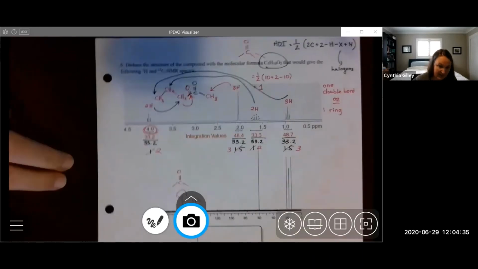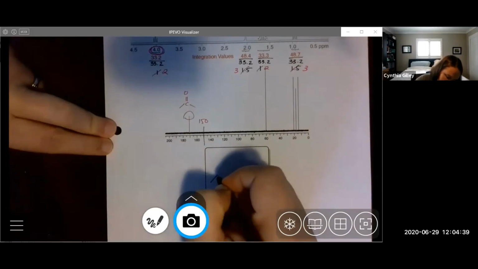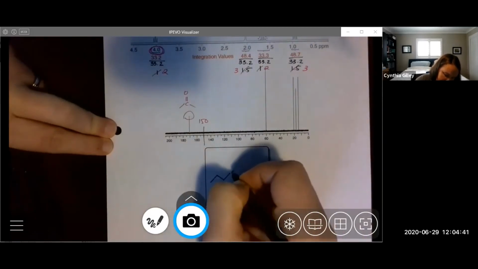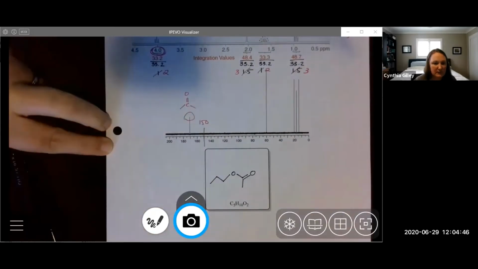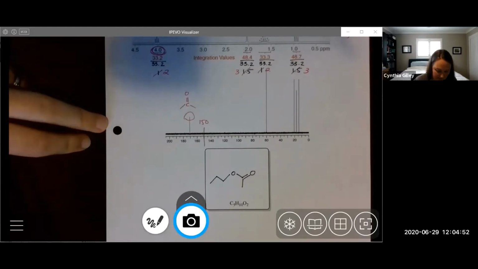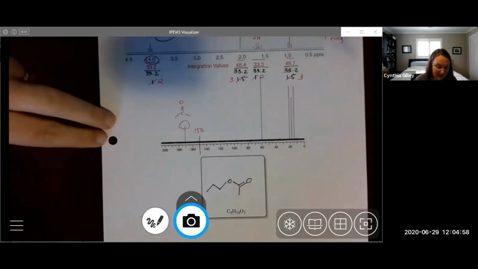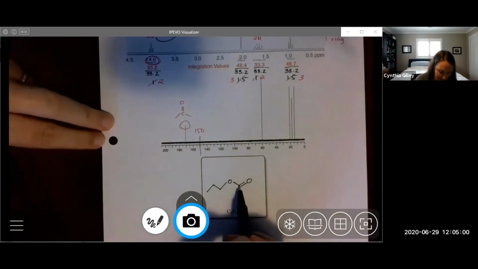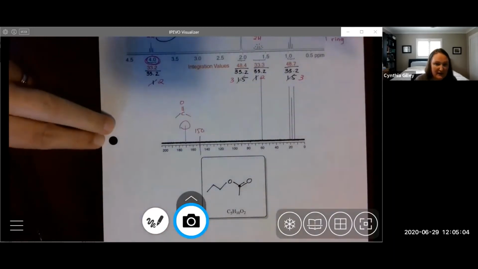Okay, so we came up with this propyl, then oxygen, then a carbonyl, methyl. That would match everything. It matches the formula, it matches the NMR, and the carbon NMR. We've got this carbonyl carbon all the way over here, 170.